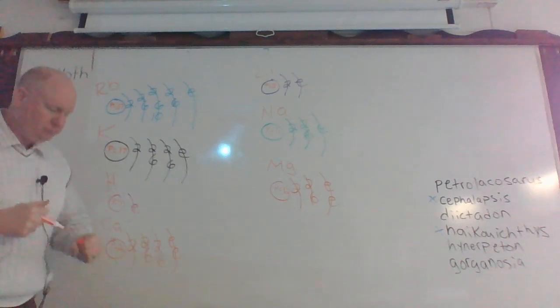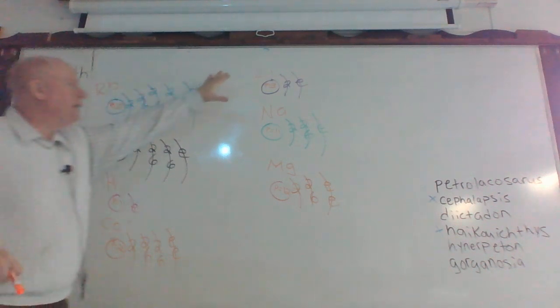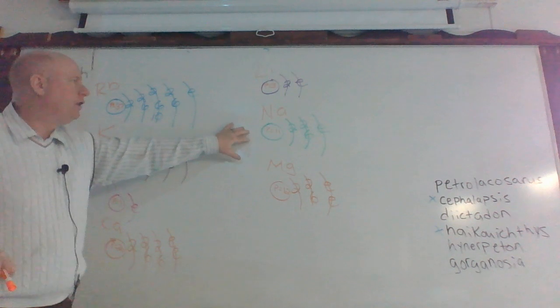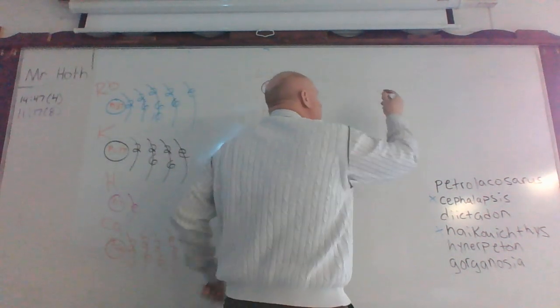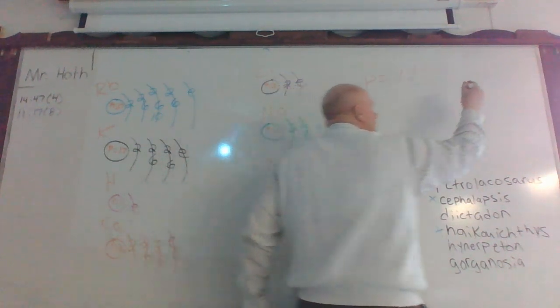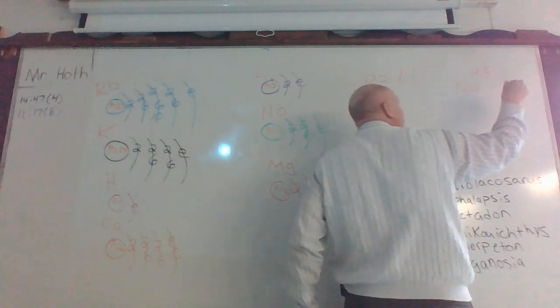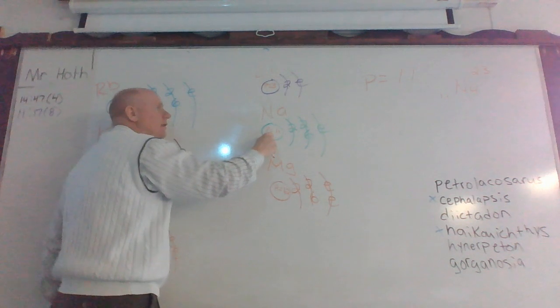Okay, now go ahead and pick any one of these three. The middle one. Okay, so sodium. So what that means, protons equals 11. Remember, this is what we're dealing with. This is the atomic number of protons.